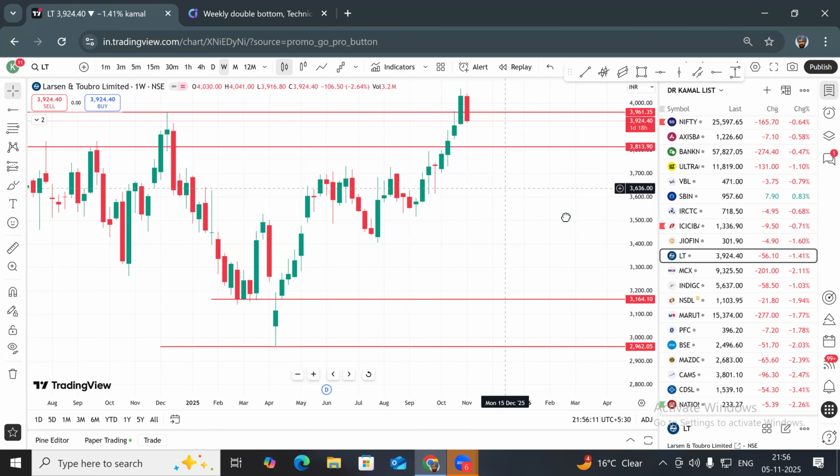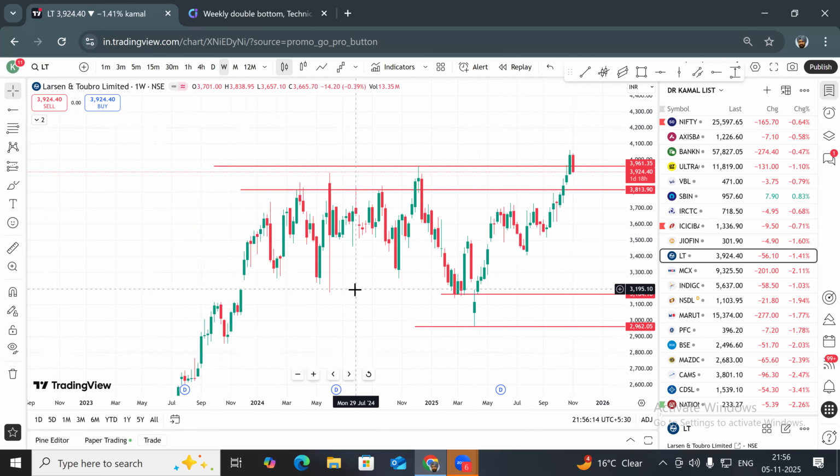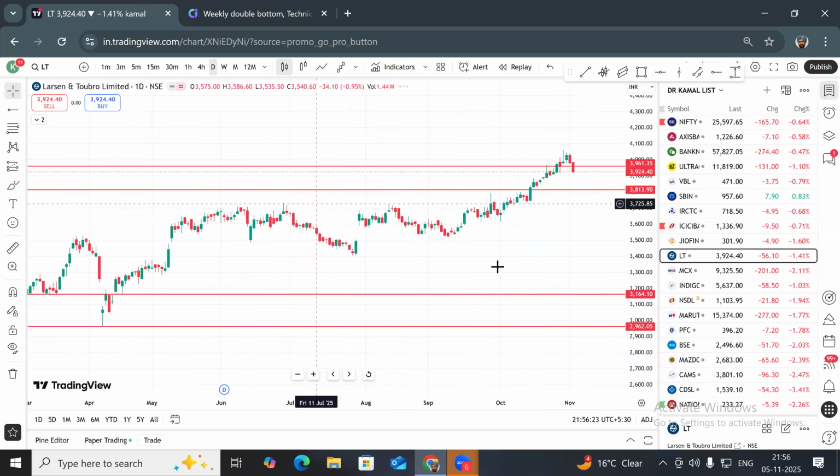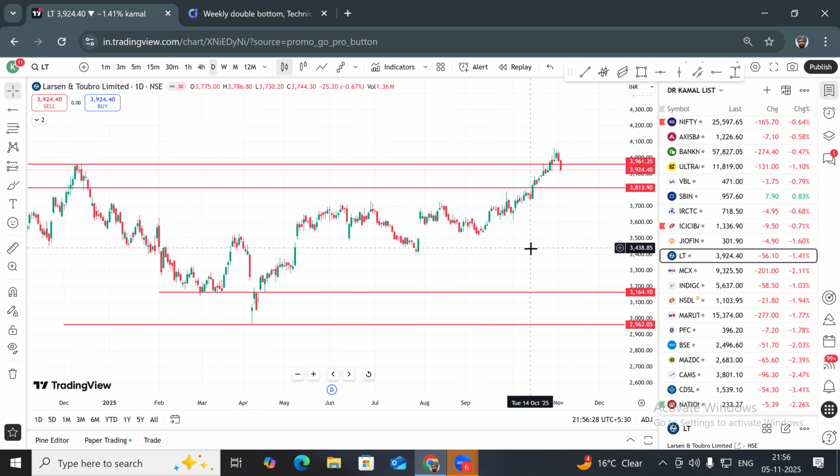So once you are doing support and resistance, if you blend it with your candlestick, your success rate will come up very high. It is not a foolproof thing. If you flip a coin, the chance of head or tail is 50%.